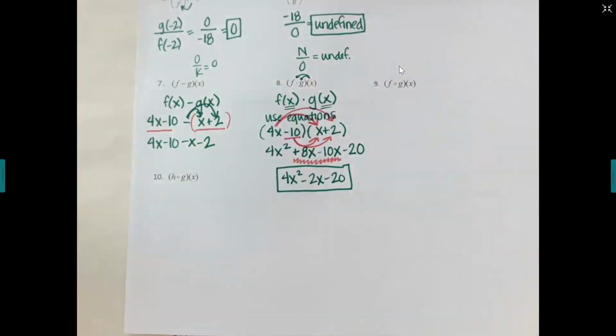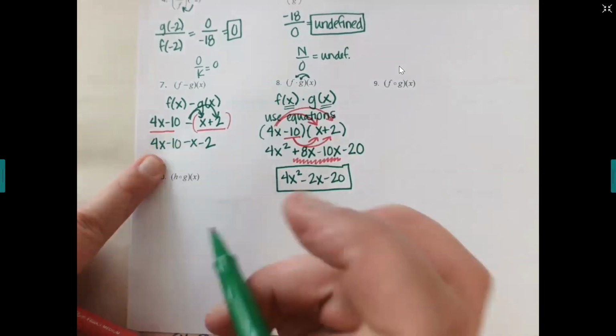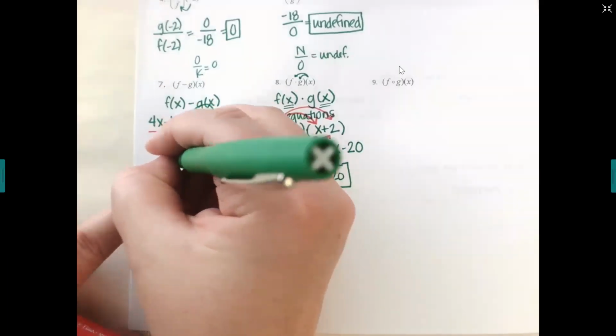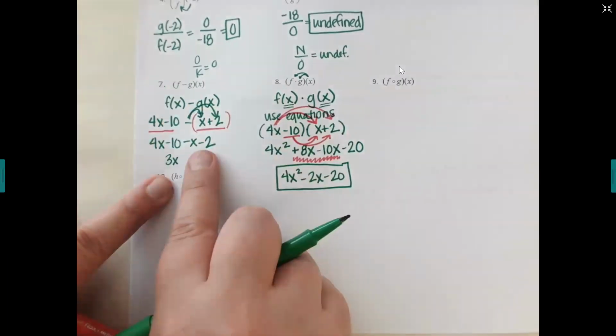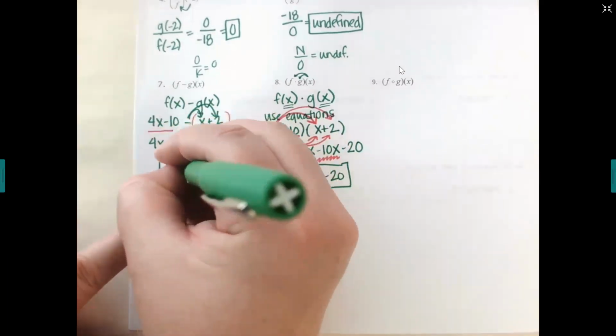Addition, that step is not necessary, but for multiplication and for subtraction, it is. Okay, how many x's? We may as well just finish it. How many x's will I have in my final answer? 4x, take away an x is 3x. And then negative 10 and negative 2 make negative 12. Very good. Okay.